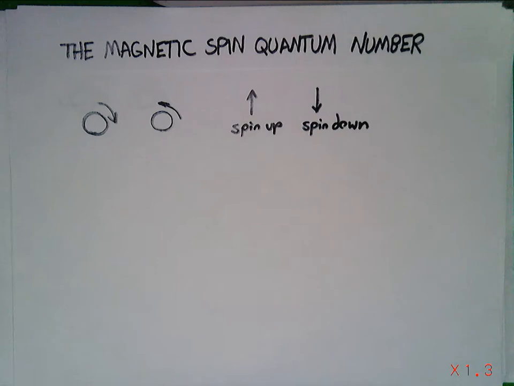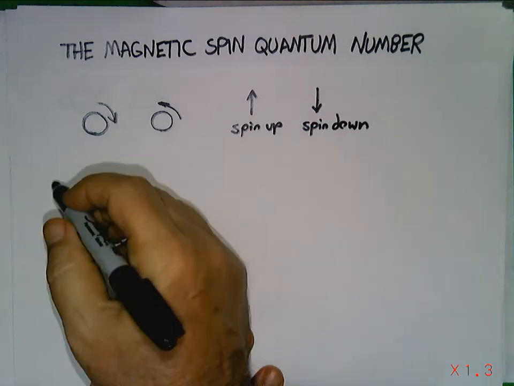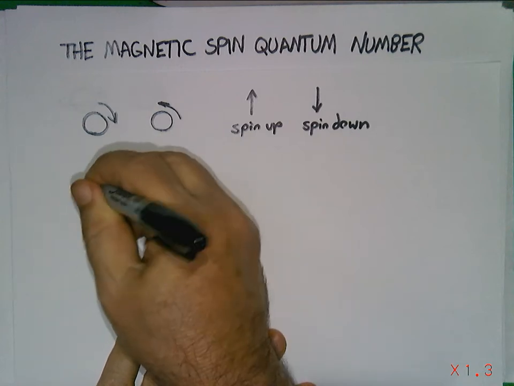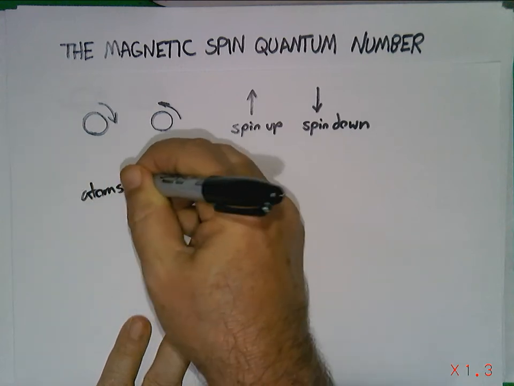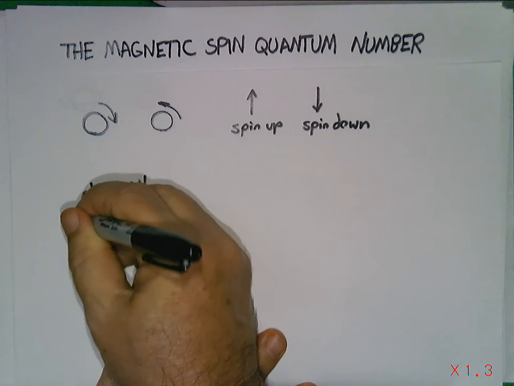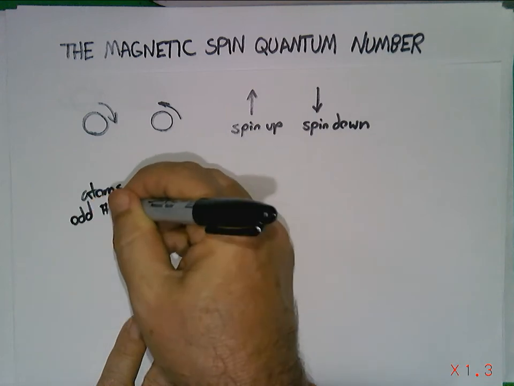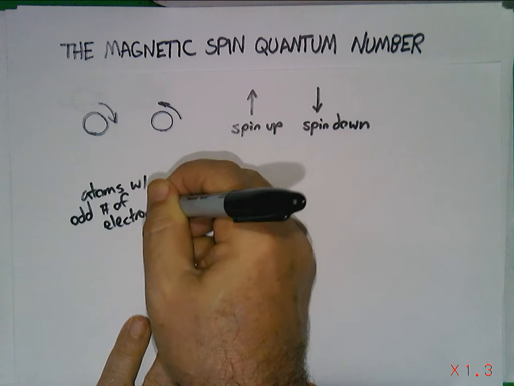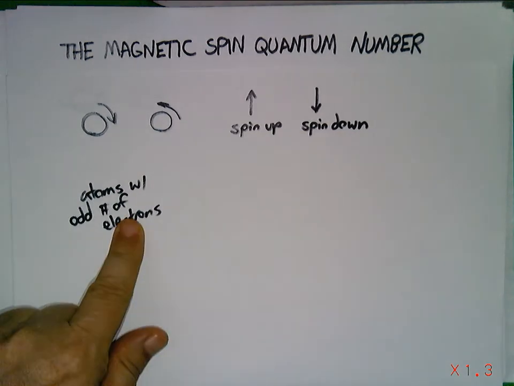So here's a classic experiment that discovered this property, spin. If you take atoms with an odd number of electrons, originally they used silver atoms.